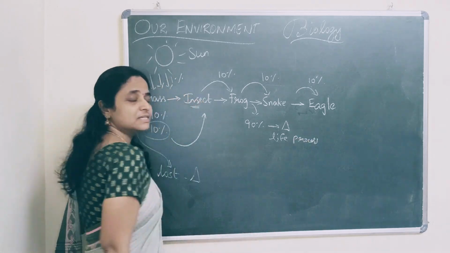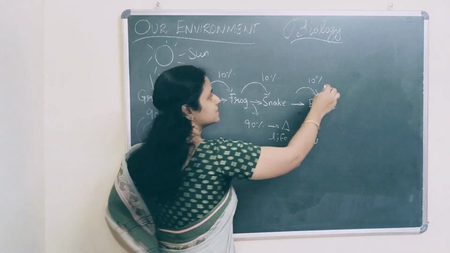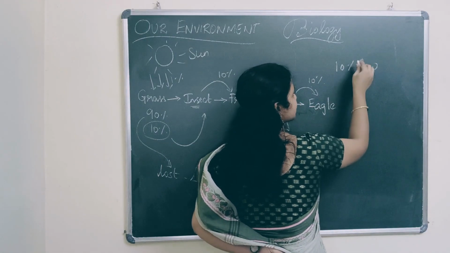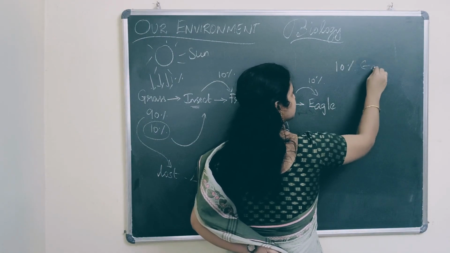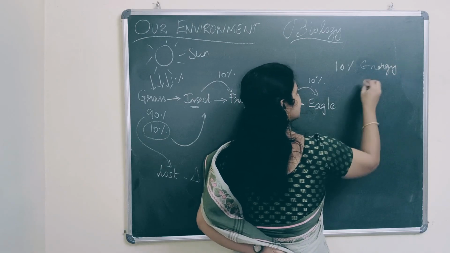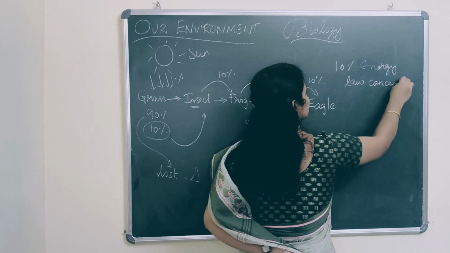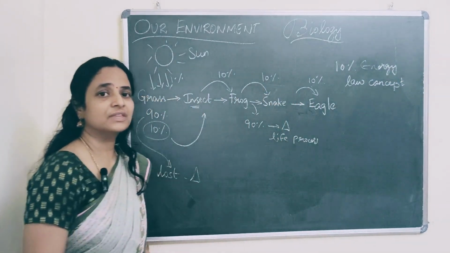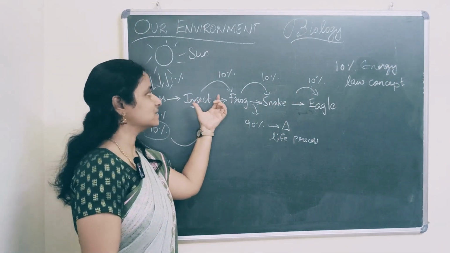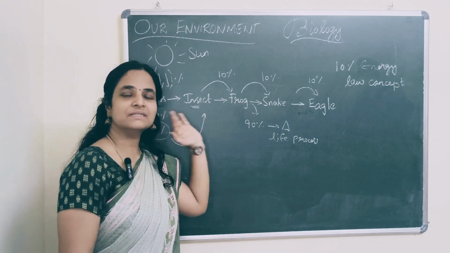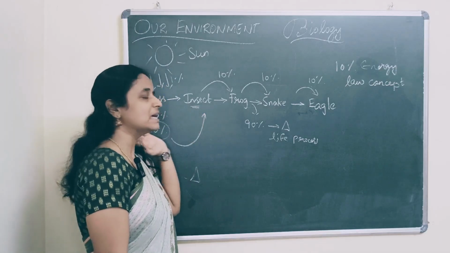So this concept is called the 10% energy law concept. This concept obeys the laws of thermodynamics, because only 10 percent of energy is derived, and the remaining 90 percent is released out as heat.